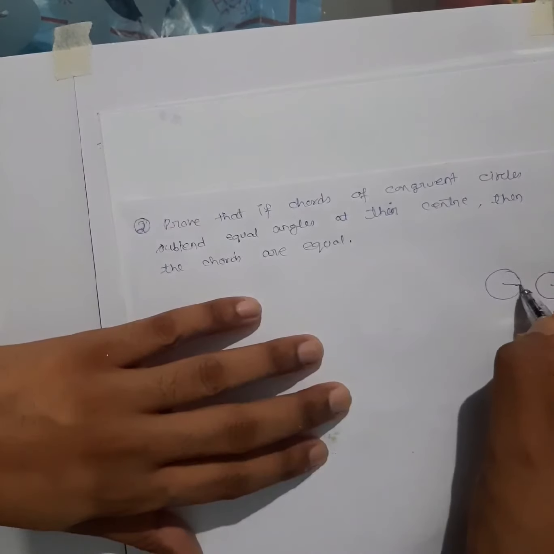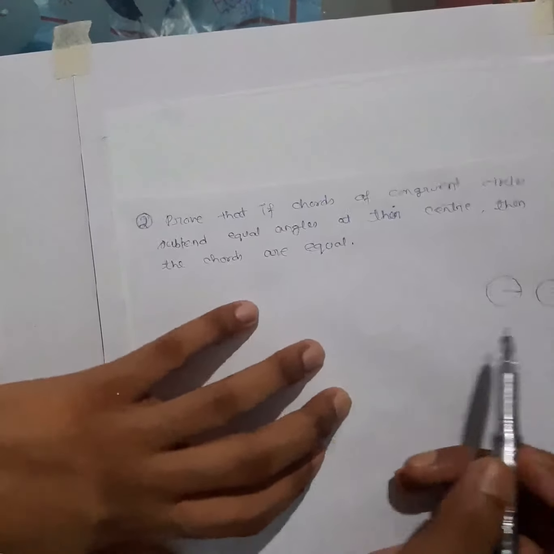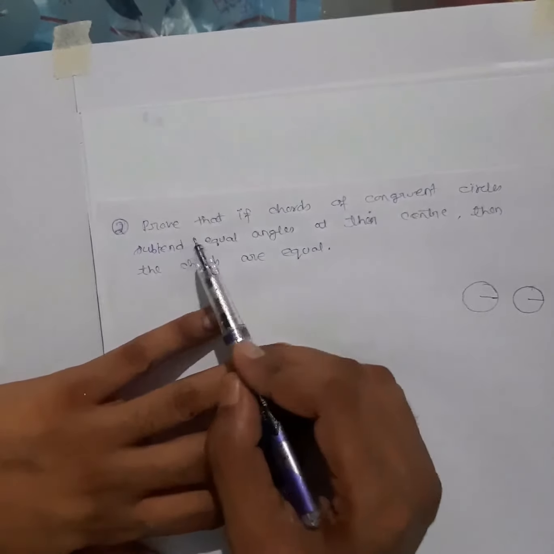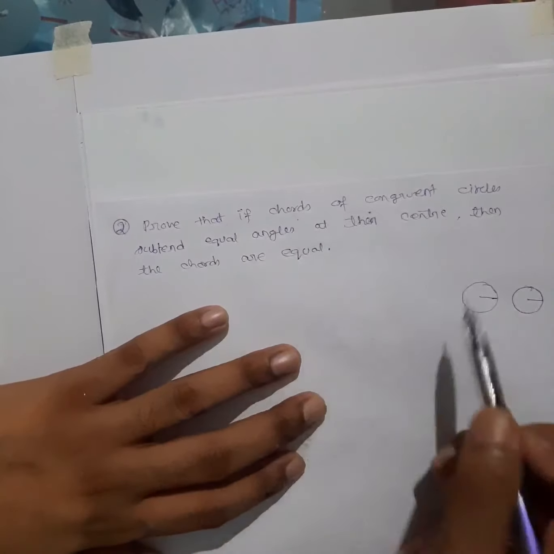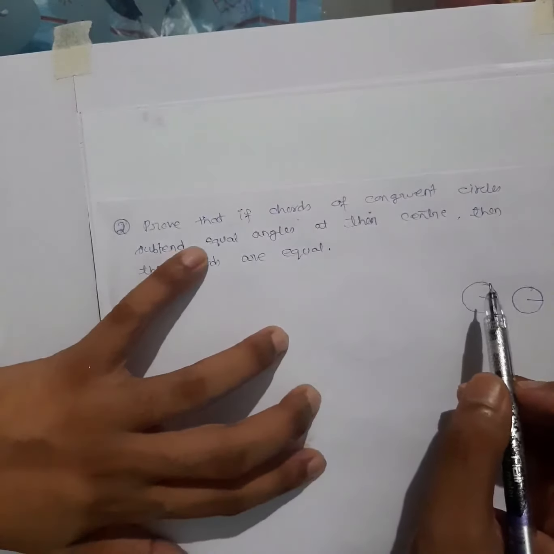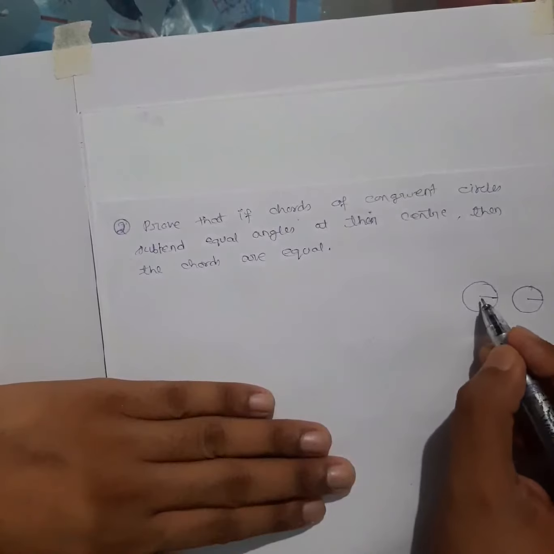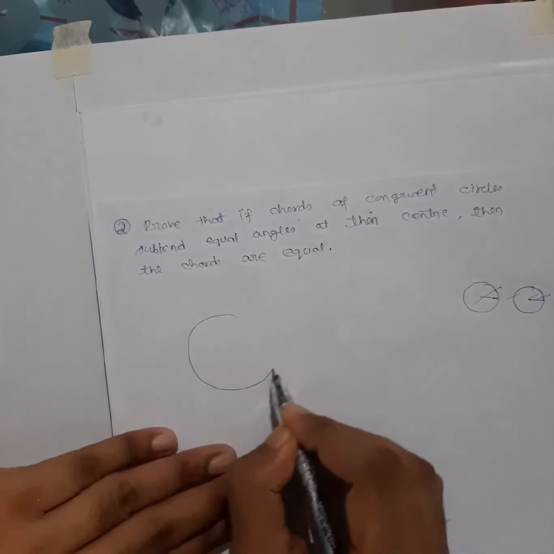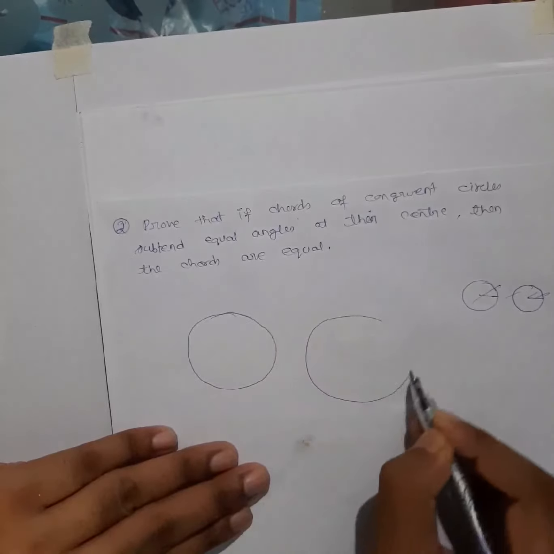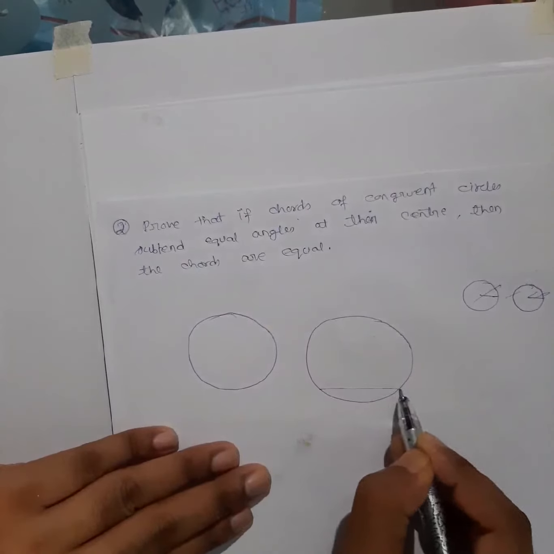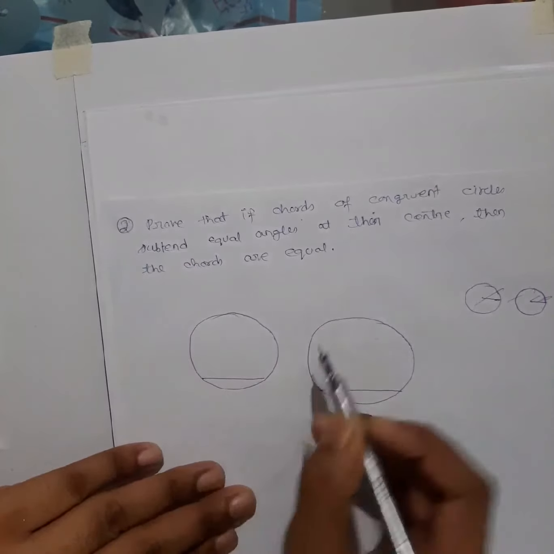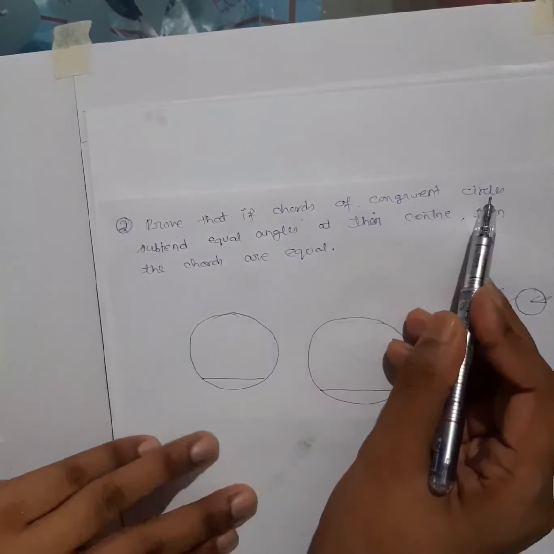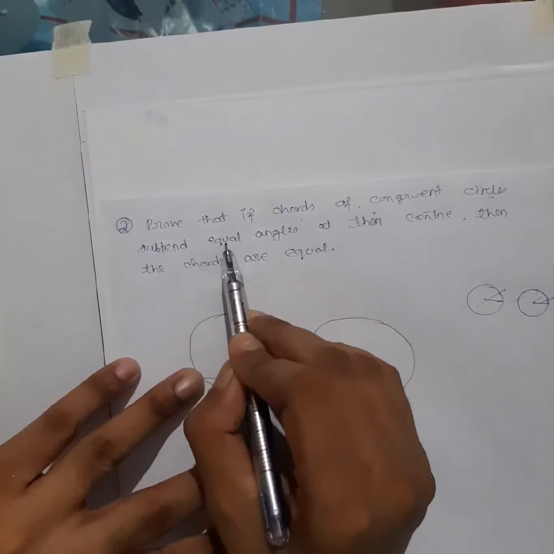We have discussed many times, and in class 8 also we have discussed congruent many times. Okay, so prove that if chords of congruent circles subtend equal angles. So this is basically proved, you can say. Okay, so they have said chords of congruent circle subtend equal angle.